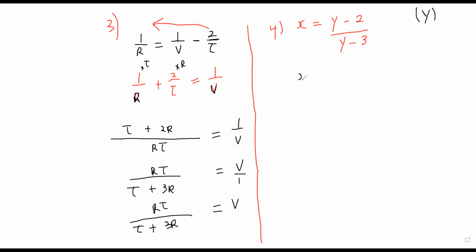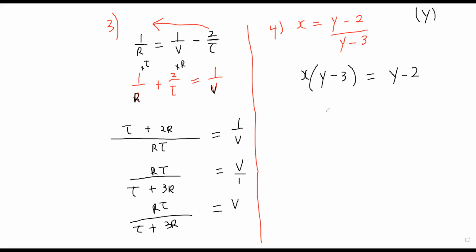So x has to multiply this entire denominator, so we put the denominator in a bracket. So we have x, open bracket, y, subtract 3. We get y subtract 2 left on the next side, right?